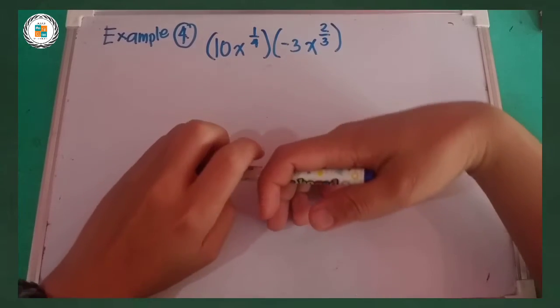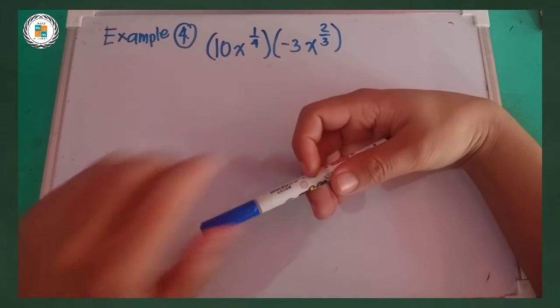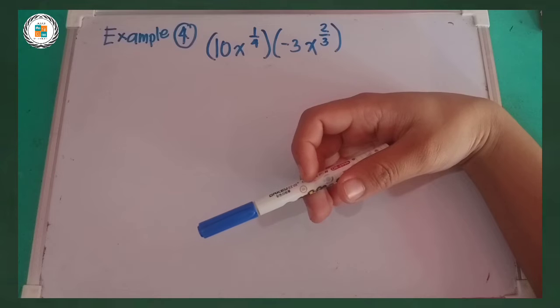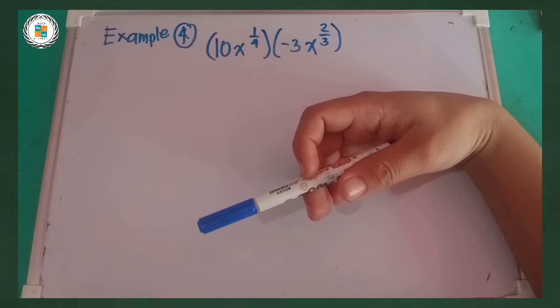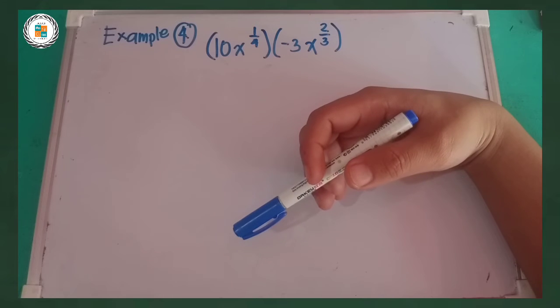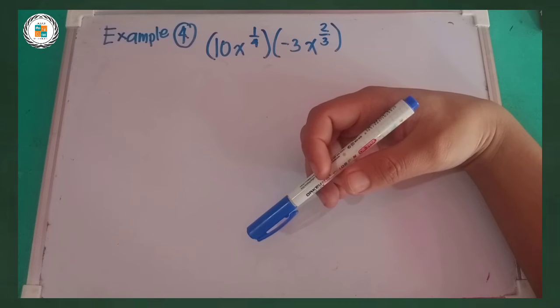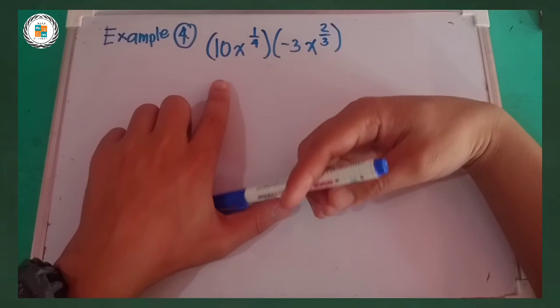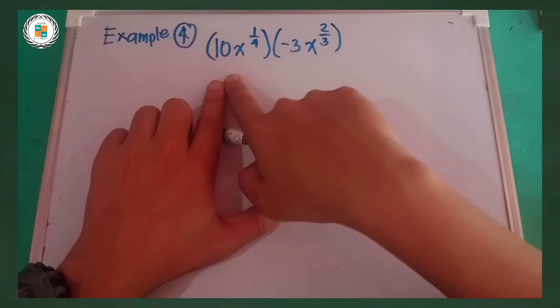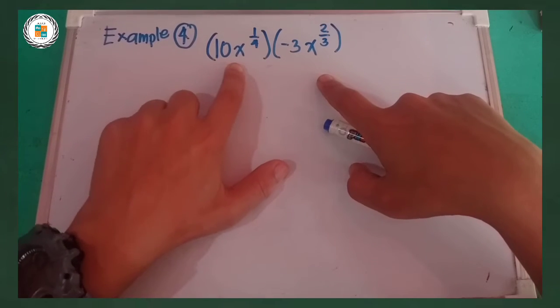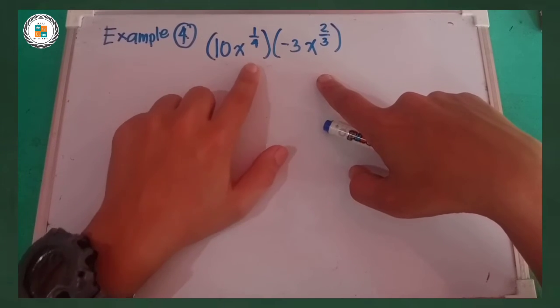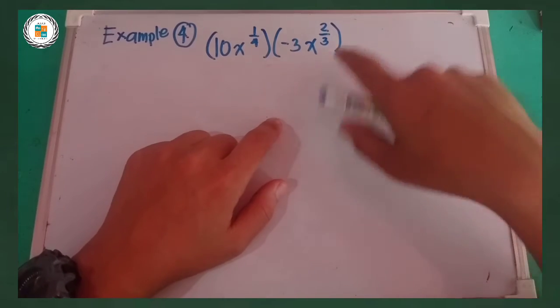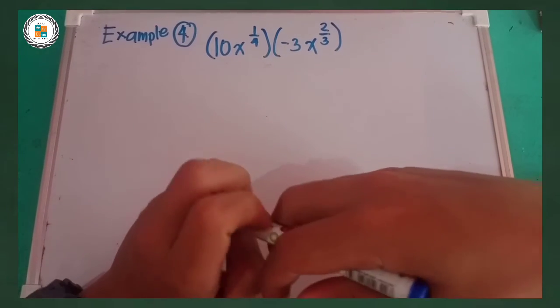So please take note that the laws of exponents can also be applied in expressions which contain rational exponents. So we can apply the laws of exponents even if the exponent is a fraction. Okay? So let's say for example this expression here: 10x raised to the power of 1/4 times negative 3x raised to the power of 2/3.